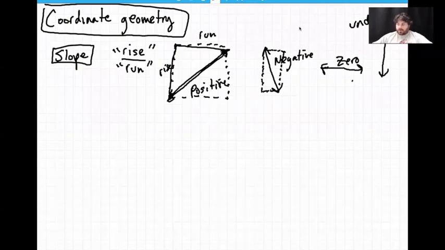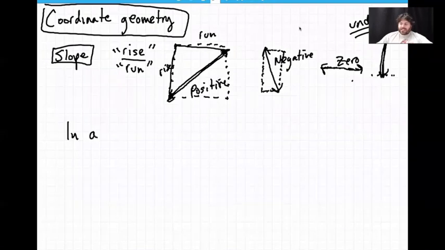Right here, 0 rise and some number of run, 0 divided by a number is 0. And then over here, it says undefined. It's kind of hard to read, I know it's behind my face. But there's some number of rise divided by no run. So some number over 0, that's undefined. So that's where those terminologies come from.